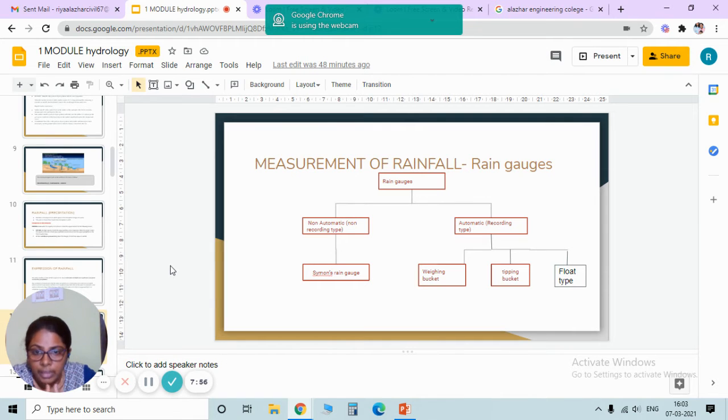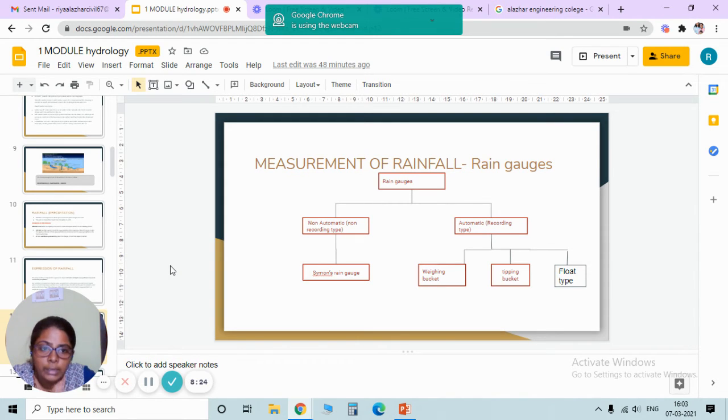Sorry, rain gauges can be of two types, that is non-automatic type and automatic type. The non-automatic type is also known as non-recording type, and the automatic type is also known as recording type. In non-automatic type, there is only one type of rain gauge, that is Simon's rain gauge. So if you come across a question to write about or describe a non-automatic rain gauge, you have only one option, that is Simon's rain gauge.